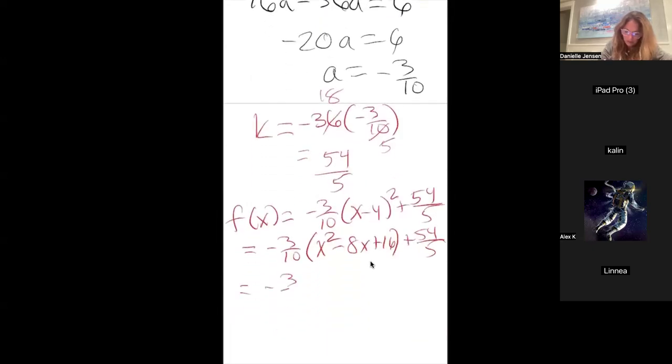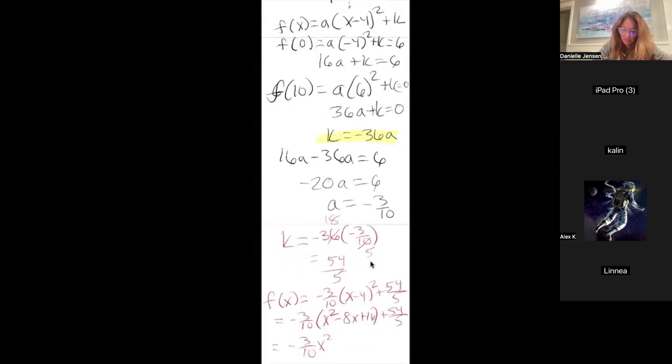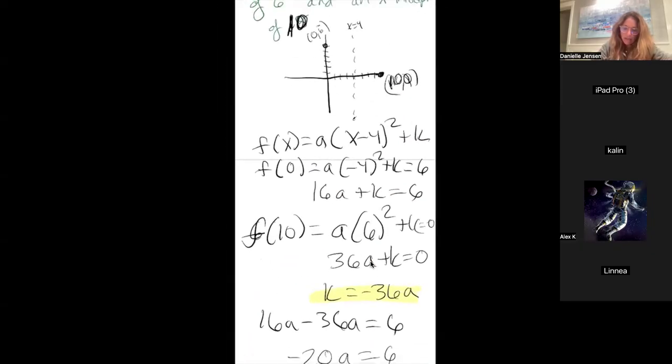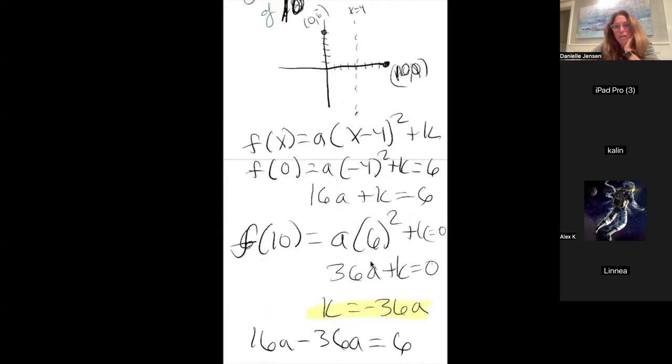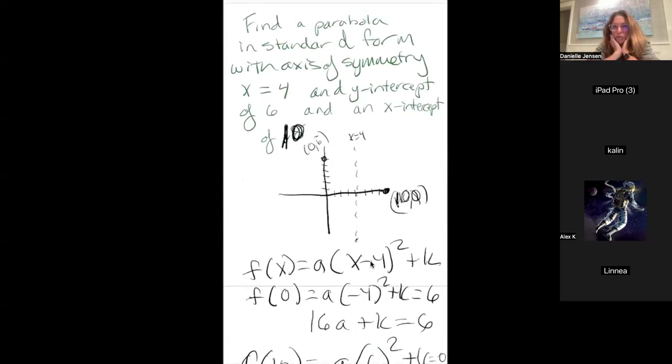All right, would there be any other way to solve this problem without using vertex form? Trying to think what else one would do. The reason I would jump to vertex form is simply because you know the axis of symmetry, which is the x coordinate of the vertex.